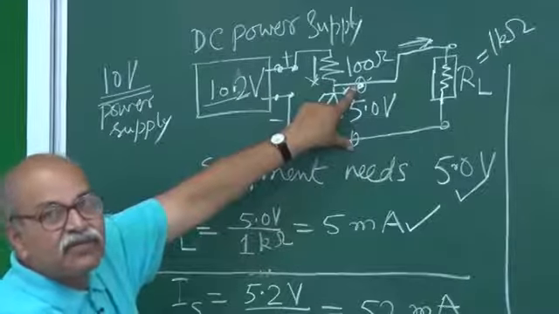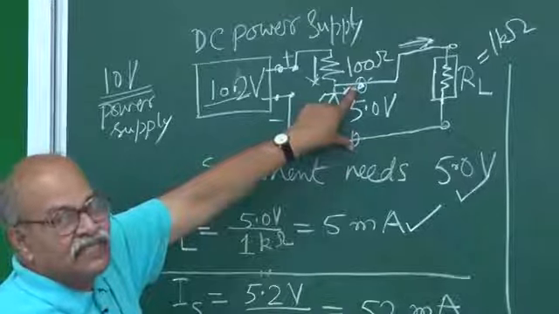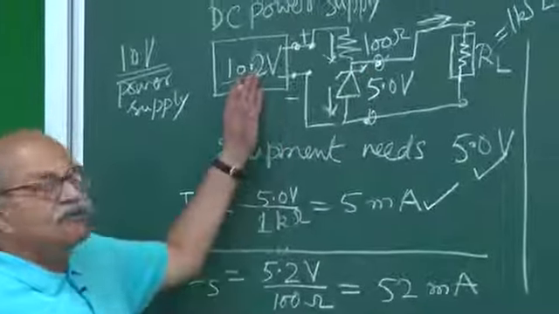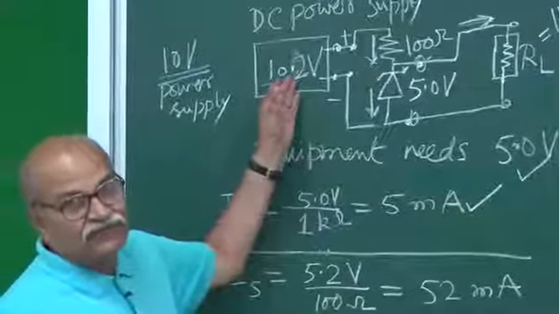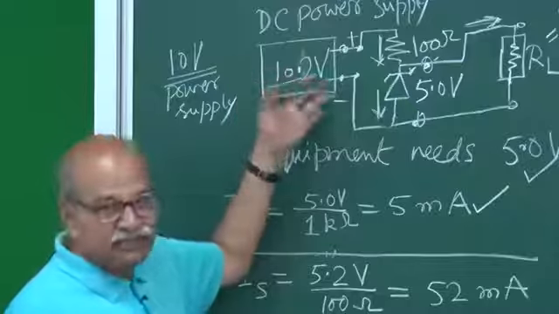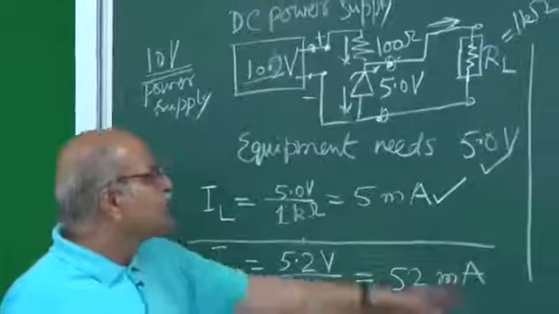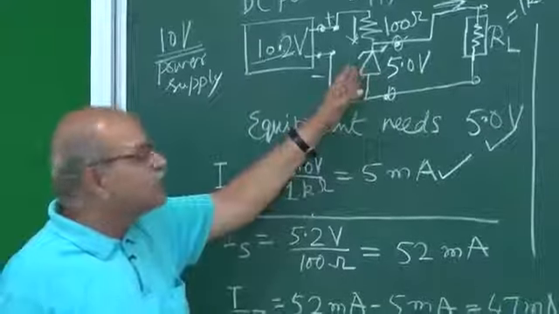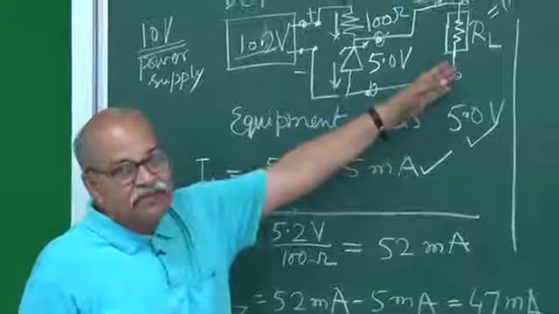It's meant for a particular voltage and it gives that voltage. And the same will be the story if the voltage goes down. From 10.2, if it goes to say 9.8 or 9.7, you can make the calculations. This zener will take care of all those fluctuations and this equipment will remain the same.